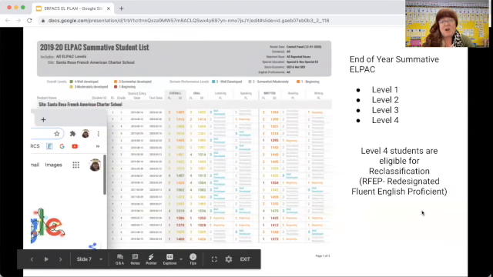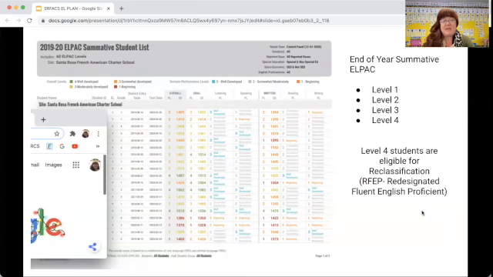Once they are in the ELD program, they are then at the end of the year given the summative LPAC, and that has more specific levels. Level 1, 2, 3, and 4. 1 is the most basic level. A lot of the students that are initially tested as novice would test at a level 1, moving up through level 4.